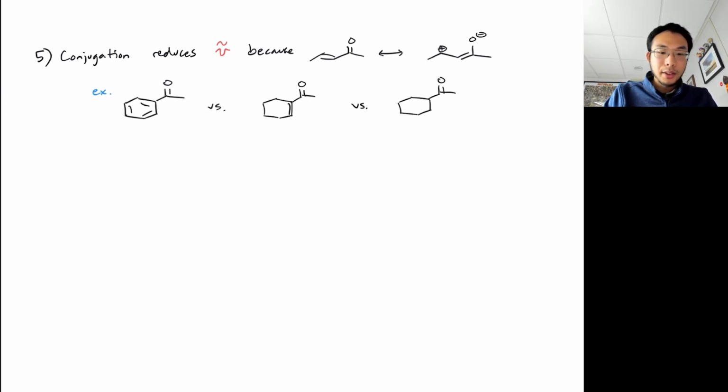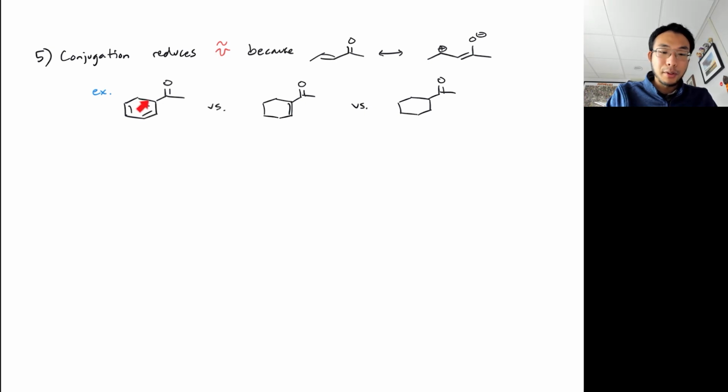There's nothing like evidence, so we can look at a series here. I would say that the rightmost molecule has no conjugation to the carbonyl. This is just a regular ketone. The middle molecule has a lot of conjugation here. This double bond is entirely conjugated with the carbonyl and nothing else. The aromatic molecule on the left is going to have less conjugation to the carbonyl because the double bonds in here are splitting their conjugation.